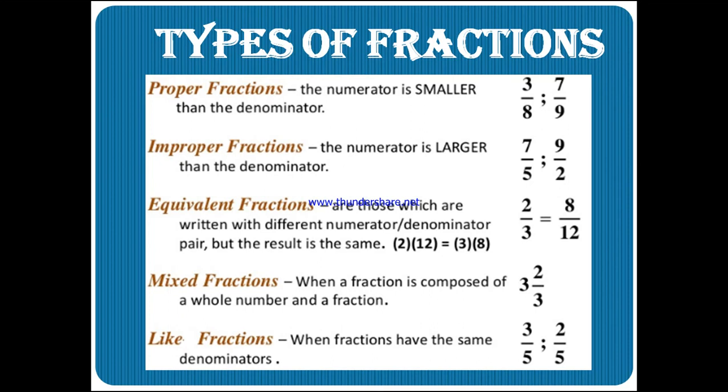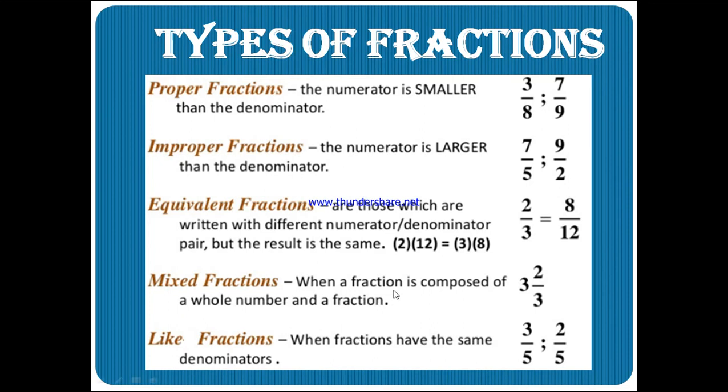To confirm whether these are equivalent fractions, you can do cross multiplication, like 2 into 12, 24. 8 into 3, 24. 2 12s are 24. 3 8s are 24. By doing cross multiplication, you can check the answers will be the same. So this is an equivalent fraction.